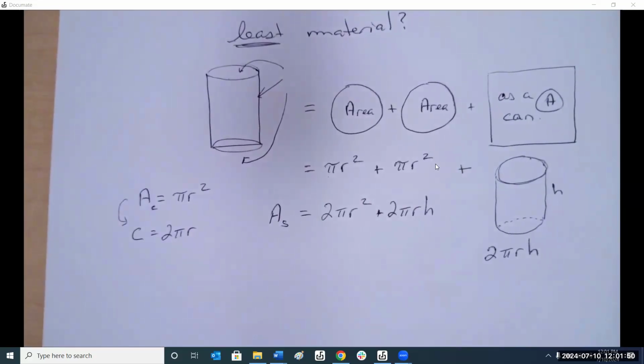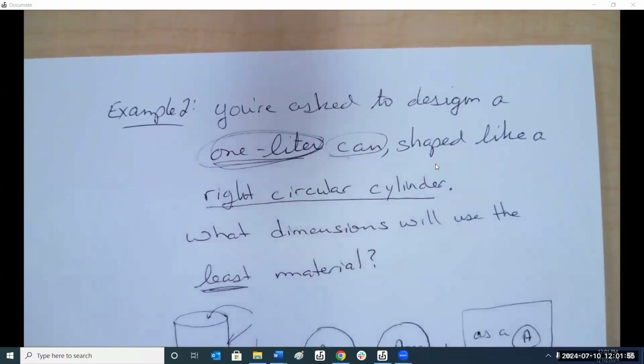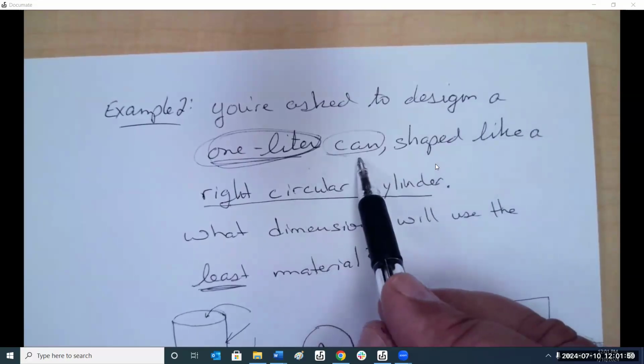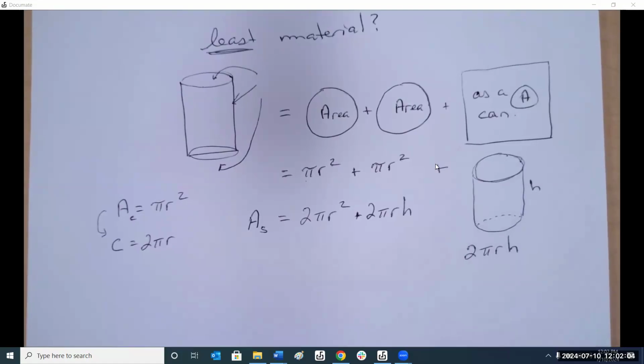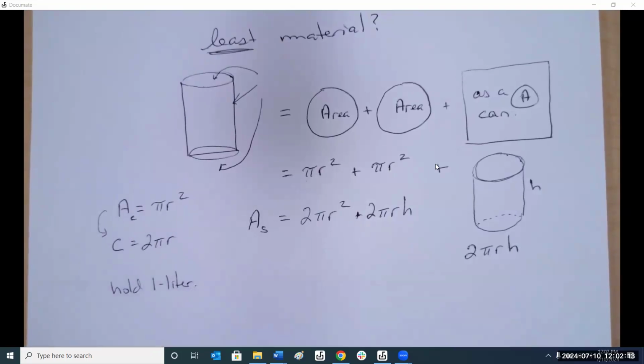Oh, we also know one other thing. Design a 1 liter can. So this can has to hold 1 liter. This is volume.